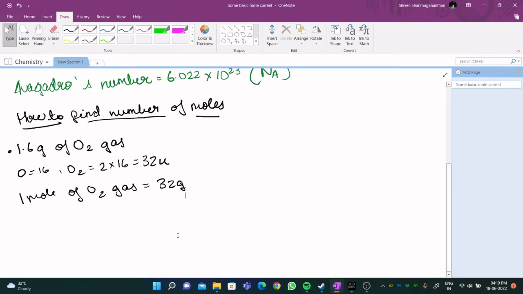So naturally, to find out the number of moles, you take the mass given to you, which is 1.6 grams. We divide it by the molar mass of the compound or element, and by this we get 0.05. Yes, so we get 0.05 grams. Not grams, moles. Sorry.